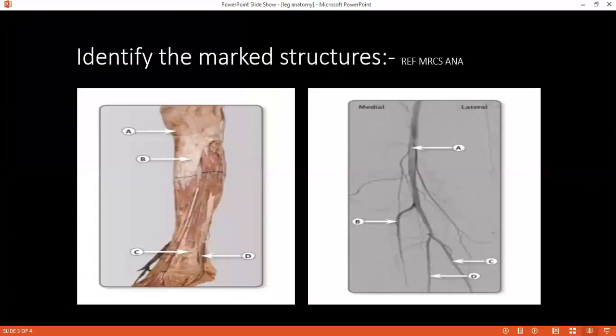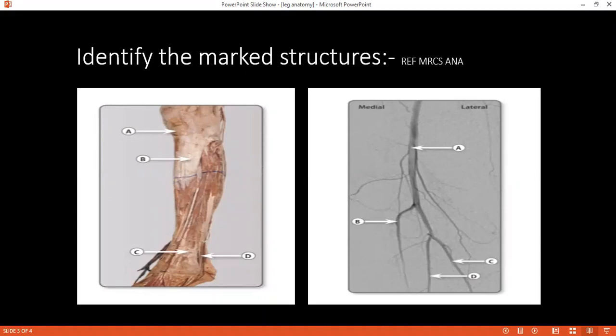If you have to confirm the movement of extensor hallucis longus muscle on a human model, how would you do it? Extension of the toe, as it also helps in eversion and dorsiflexion of the foot. Good. What is the nerve supply of extensor hallucis longus? Deep peroneal nerve. Okay, good.